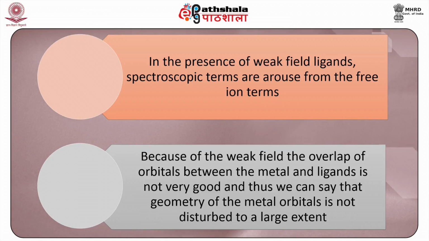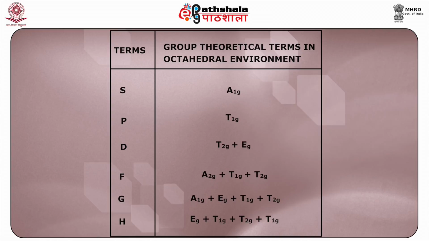Because of the weak field, the overlap of the orbitals between the metal and ligands is not very good, and thus we can say that the geometry of the metal orbitals is not disturbed to a large extent. Because of this, the metal ion retains its identity to some extent and gives spectroscopic terms which are transformed into group theoretical terms.